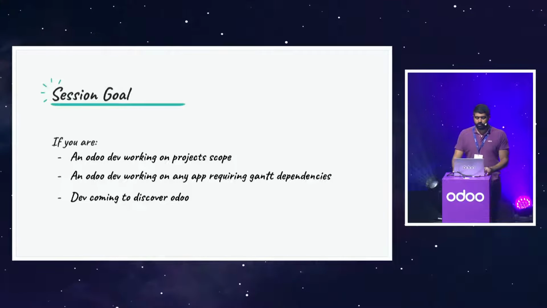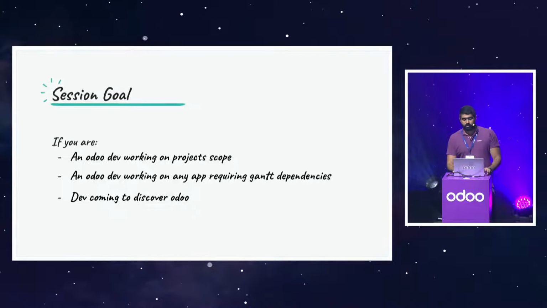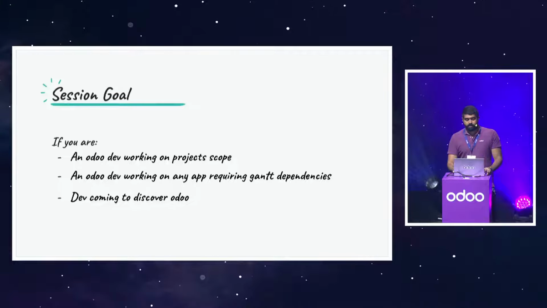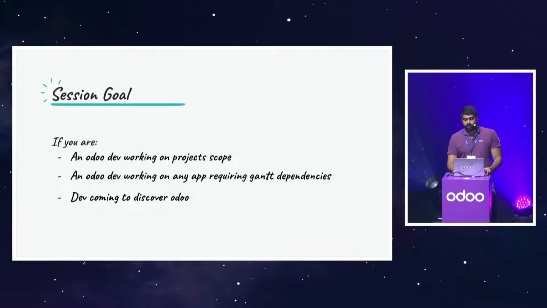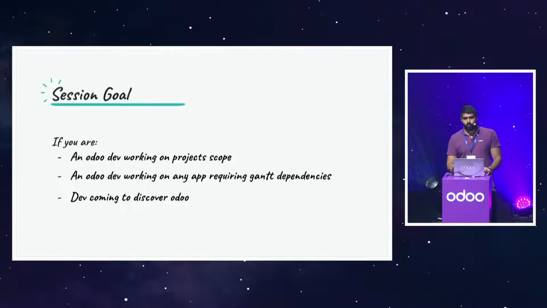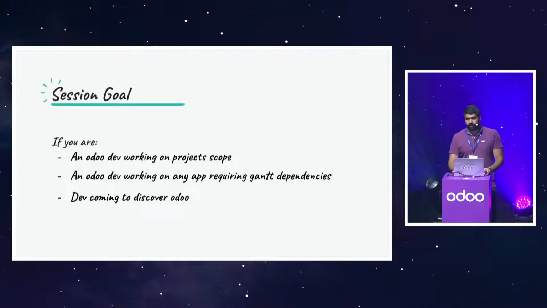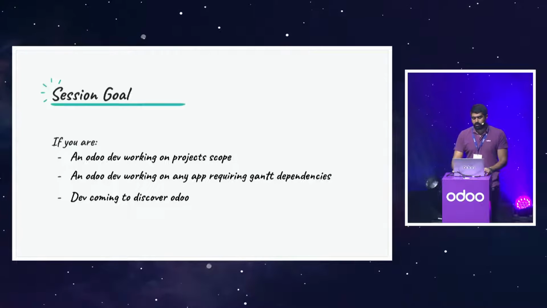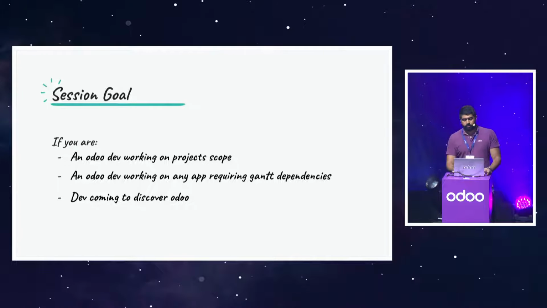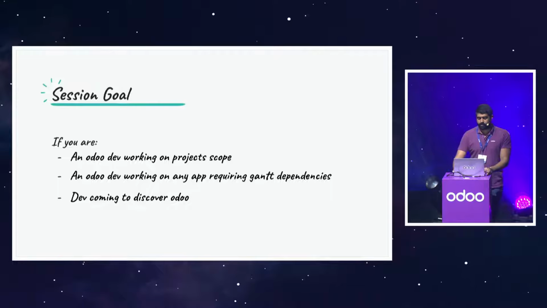And simply, if you are a developer or a student coming to discover Odoo, dependencies in general and Gantt dependencies are really common in software industry and in many business applications. So maybe tomorrow or Monday morning, your manager will come with a similar task.